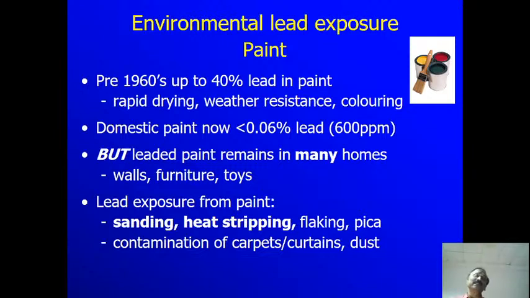Now I mentioned toys specifically because of all these toys which are imported from China, a huge number of toys. What does a small baby do once a toy is given to him? He picks up the toy and puts it in his mouth, and you will have that toy leaching lead into the system of the child.